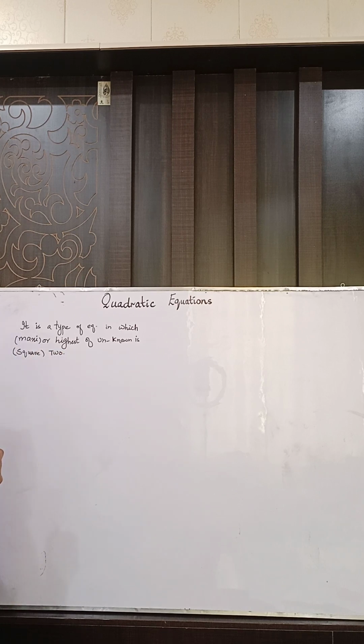It is the simplest definition of the quadratic equation. It is the type of equation in which the highest power of the unknown is 2, or a square.